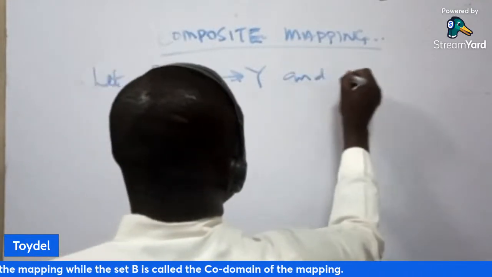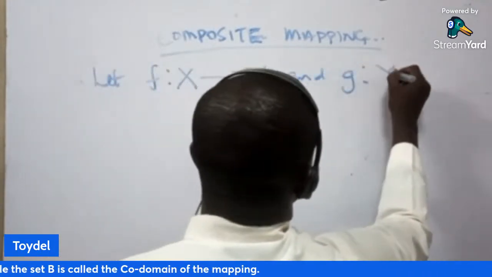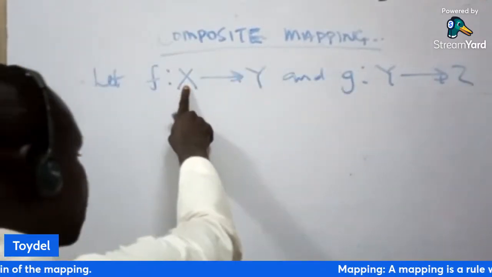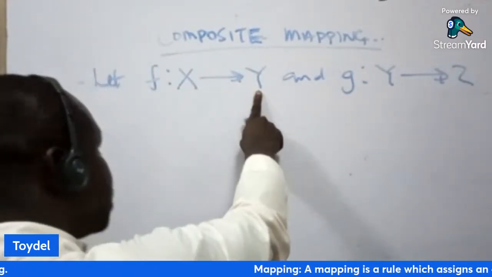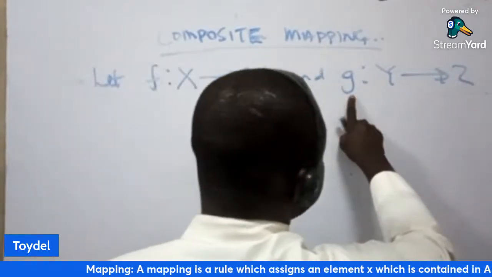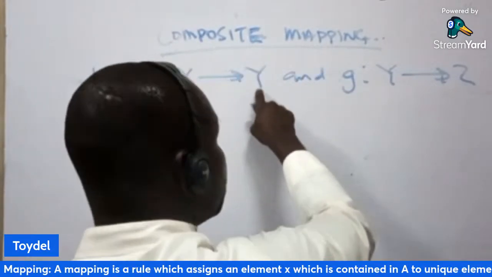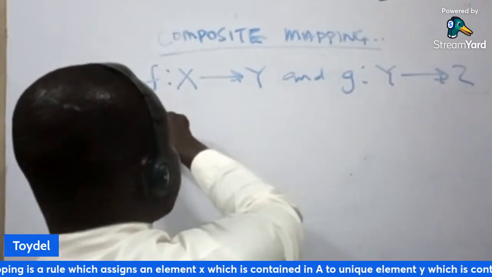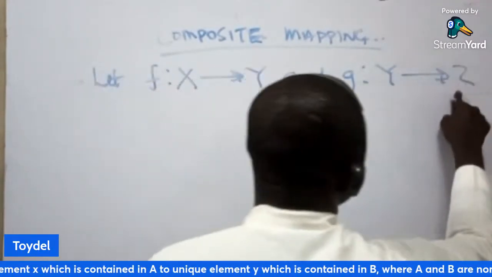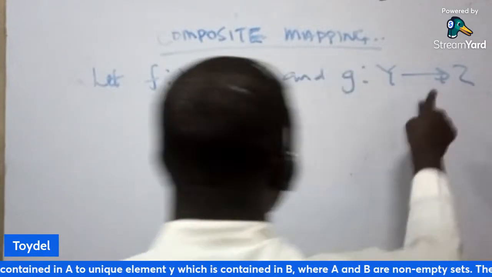And we also have another one, G, that takes elements from y to z. In this case, x is the domain, y is the codomain under f. Then y, which happens to be the codomain under f, is now the domain under G. Then z is the codomain under G.